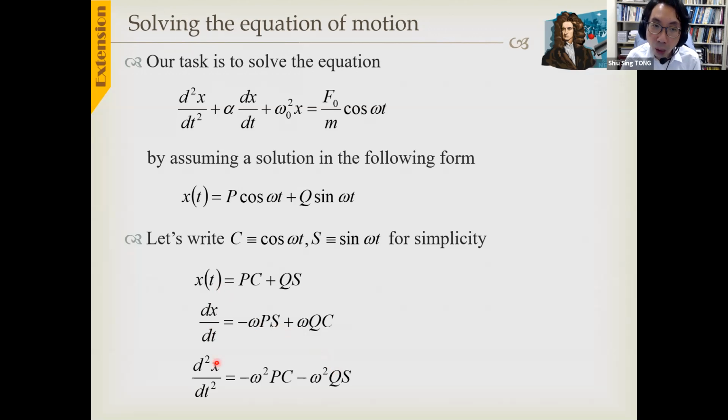So I put all this back into the equation, and I collect the coefficients that go before the cosine, and then the coefficients that go before the sine term. Now I have two groups of terms.